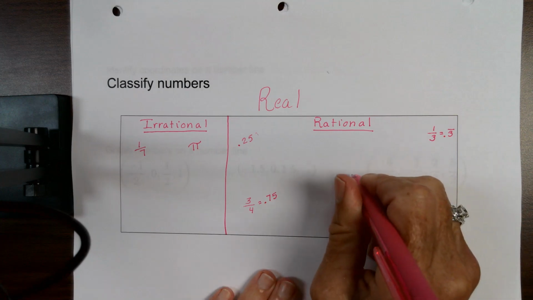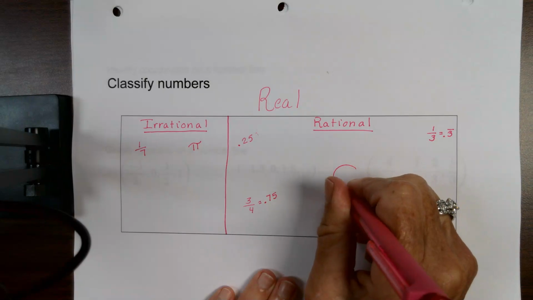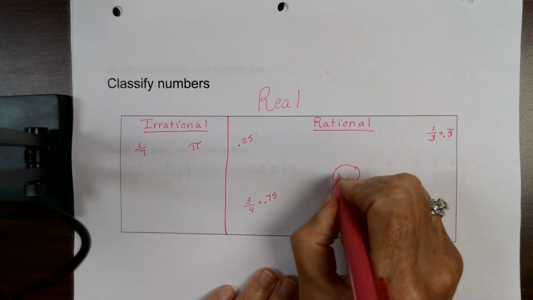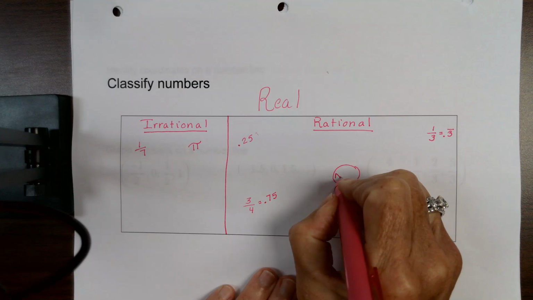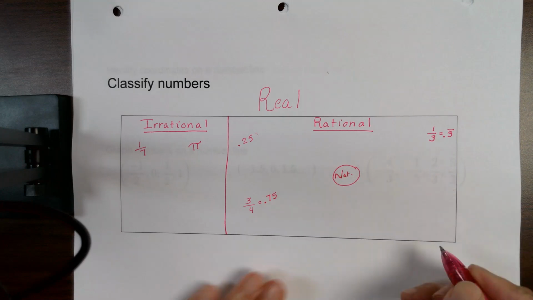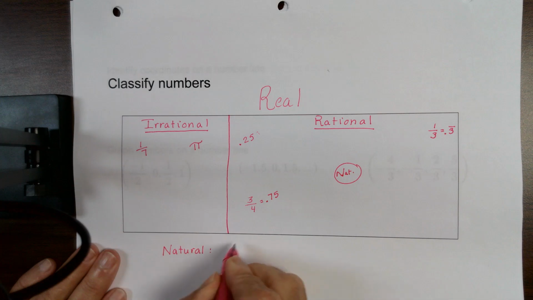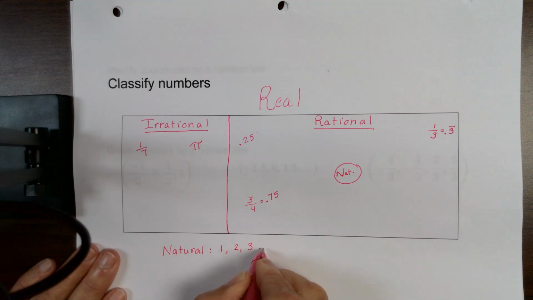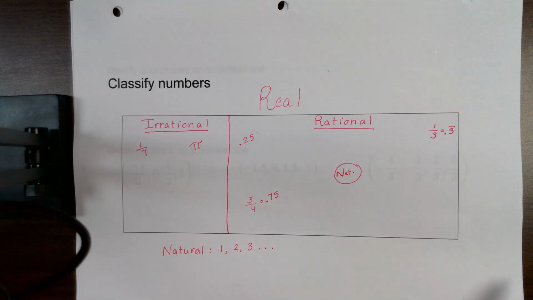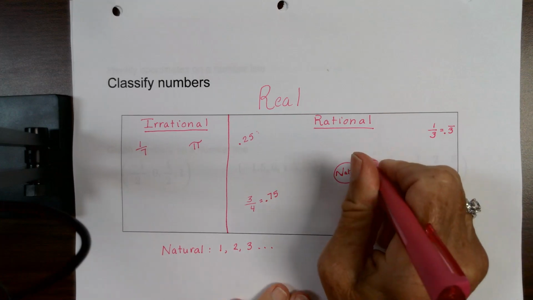The very smallest unit of rational numbers that we have are called natural numbers. I'll just put natural down here. Natural numbers begin with 1, 2, 3, and then they continue on forever, but they're whole numbers beginning with 1.